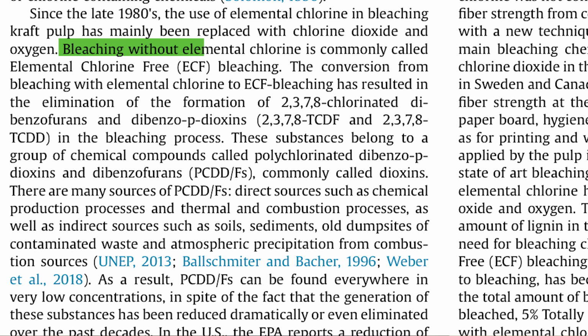So there was a development to go to at least another, better method of bleaching paper. That method was the elemental chlorine-free bleaching method, and here they were using chlorine dioxide to bleach paper. It had its effects, but it reduced the amount of persistent organic pollutants going into the environment.